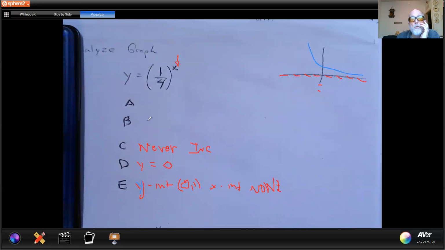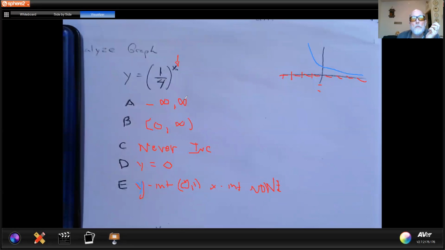So the range is everything greater than 0. And the domain is all real numbers still, because I can pick any x number. I can put negative numbers as an exponent. I can put positive numbers as an exponent, fractions, decimals, everything works.